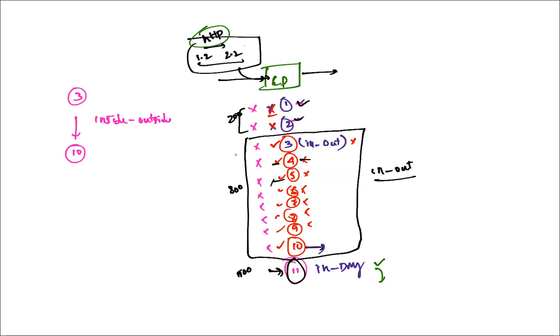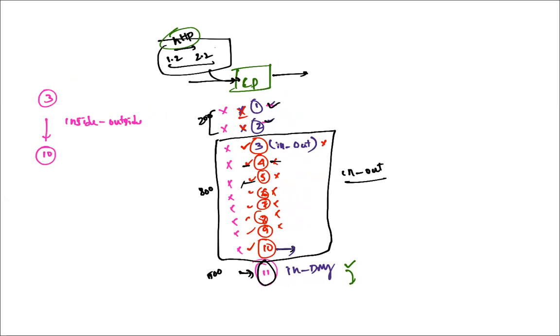So in production, if you have many rules, let's say totally we have 1,500 rules, in which 200 rules are for something else, 800 rules are for inside to outside, and then 500 rules we have for inside to DMZ, right?